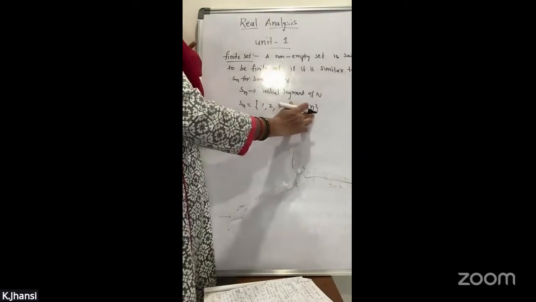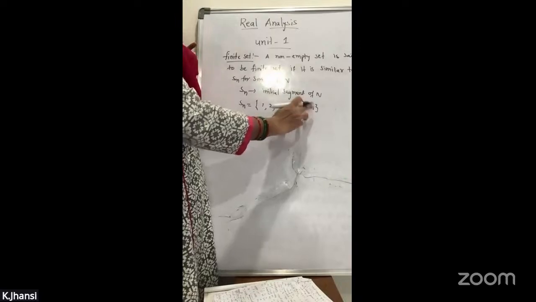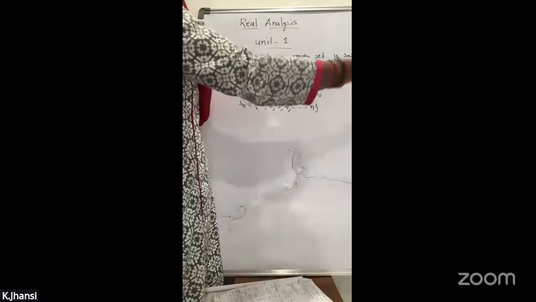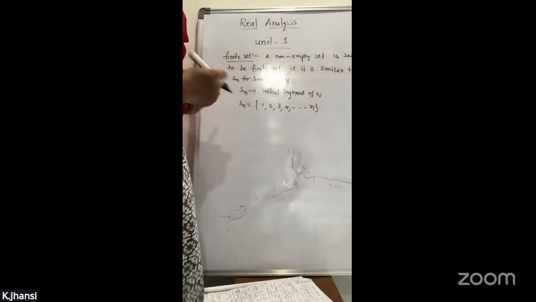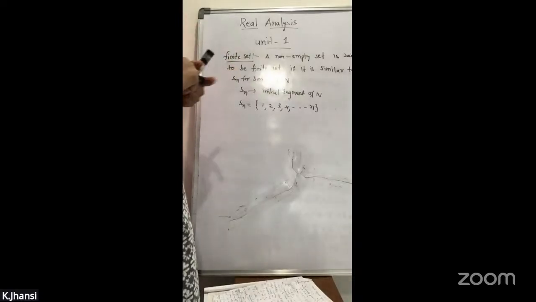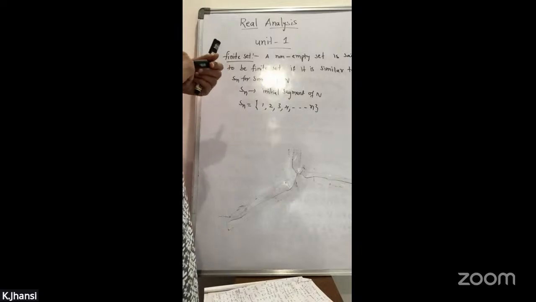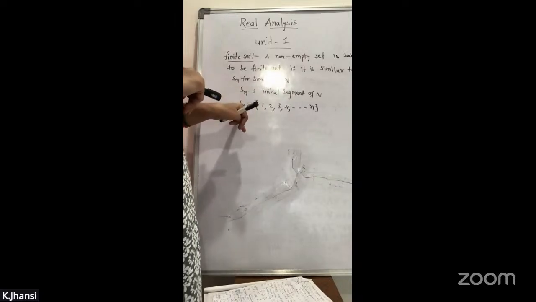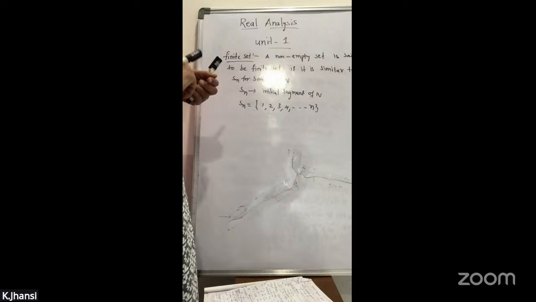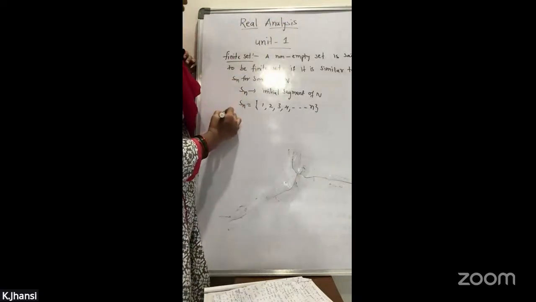This is the finite set, since it ends here with an end point. If you write so on, then it is called an infinite set. An infinite set is one which is not finite, or not similar to Sn. Now the main thing is the countable set.